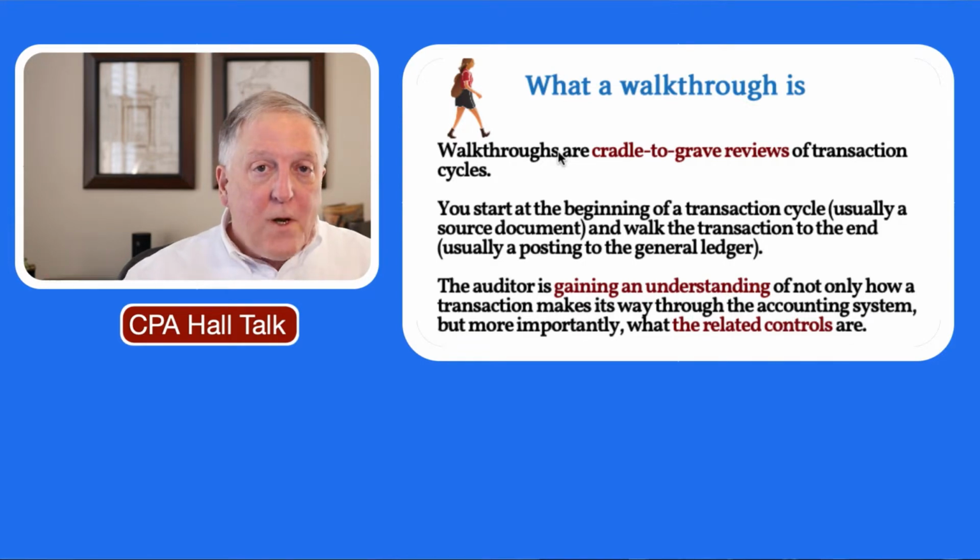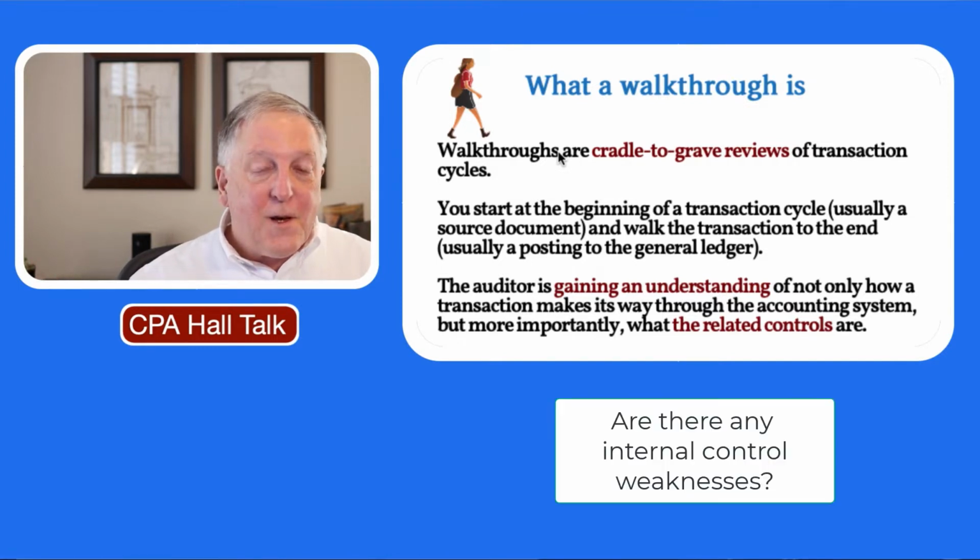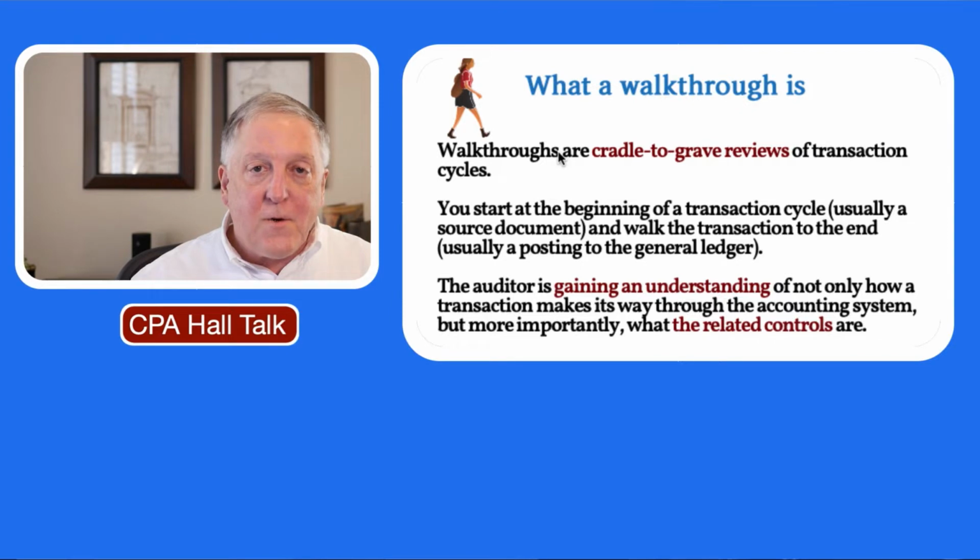Now, the whole reason we're doing the walkthrough is to see if there are any internal control weaknesses. So doing the walkthrough is not just looking at what gets posted in the general ledger and when. It's mainly about looking at the internal controls that surround that transaction area.